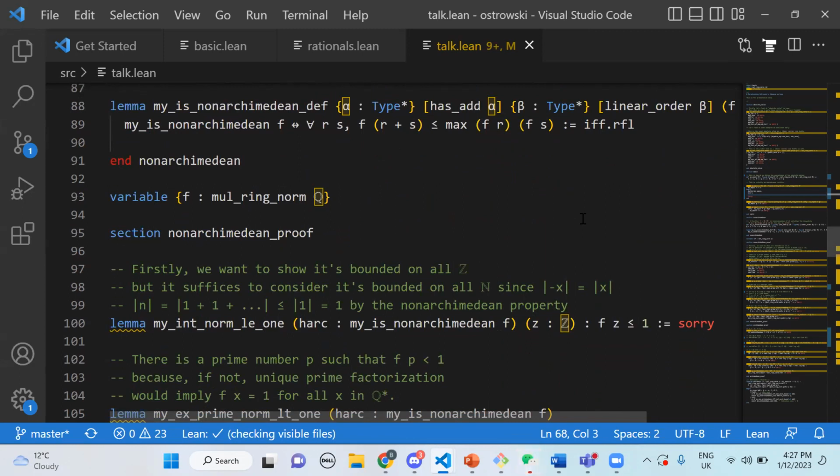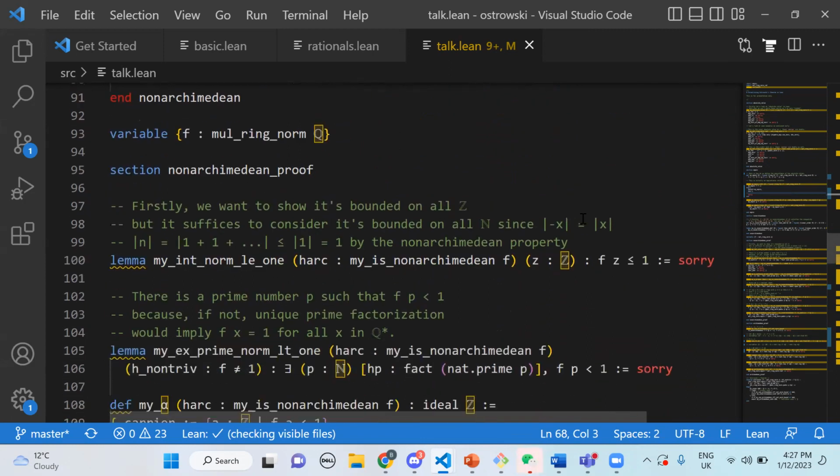Some of them have been added into MathLib, and some of them are going to be added into MathLib. So let's try to go through the proof for this theorem. There are actually two conditions. The first one is that your norm or your absolute value is non-Archimedean, and the other one is not non-Archimedean, or you say Archimedean.